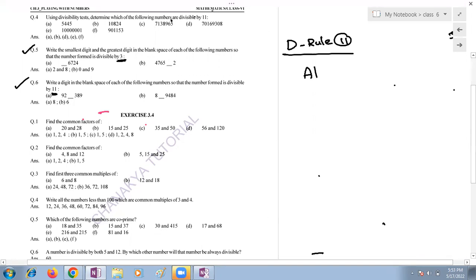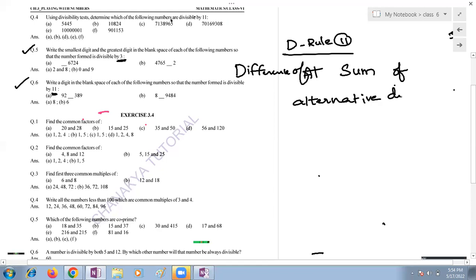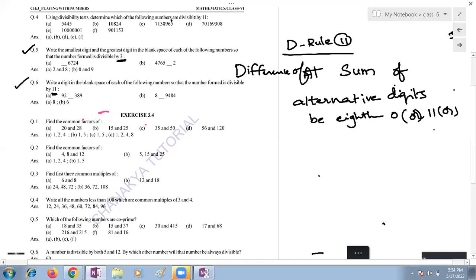Let me write a complete sentence so that you can understand. The difference of the sum of alternative digits should be either 0 or 11 or a multiple of 11.